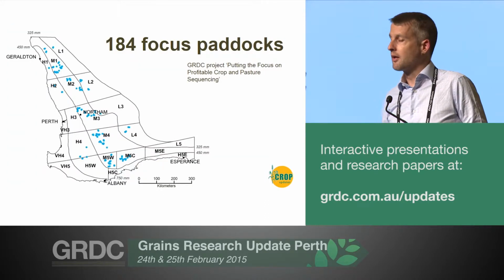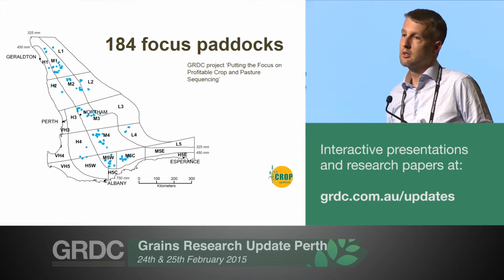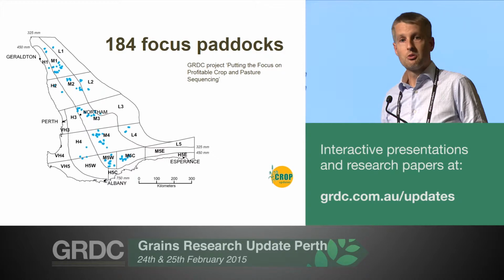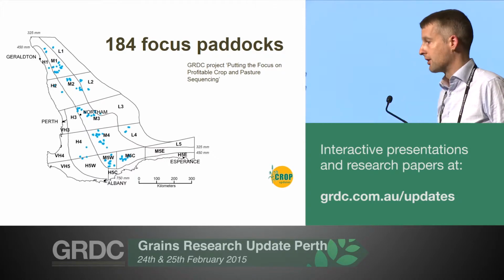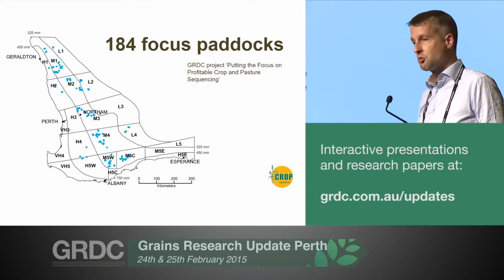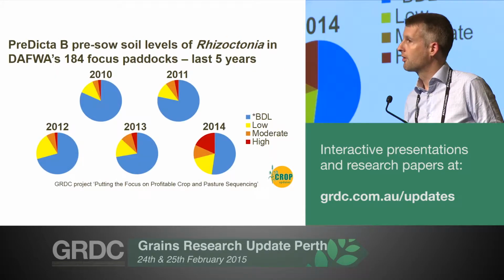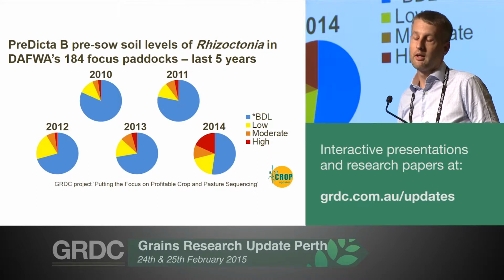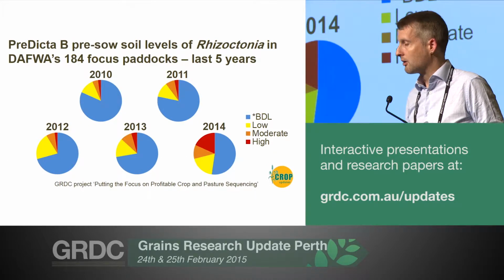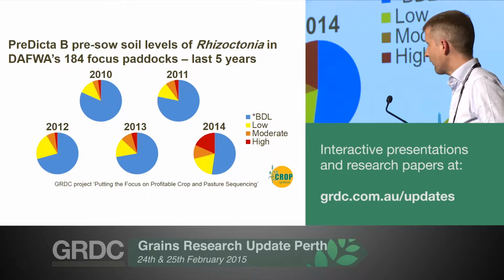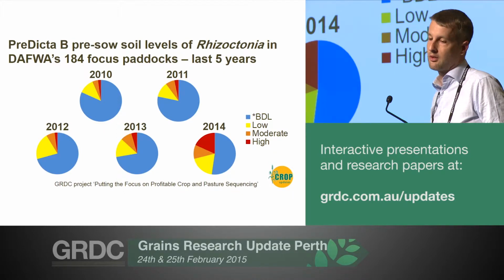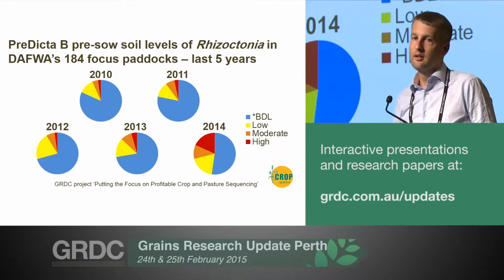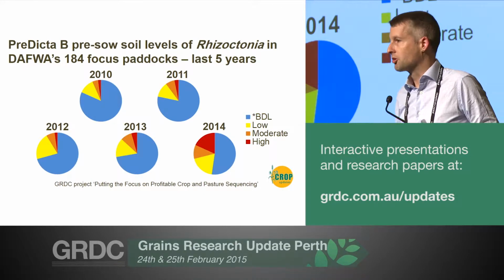DAFWA has been running a focus paddock project funded through GRDC, where we monitored 184 paddocks over those 5 years. And I just want to show you now what we found in the predictor bee samples that were taken in those 5 years from the 184 paddocks. So looking at from 2010 to 2014, what is quite striking is the blue portion is declining.